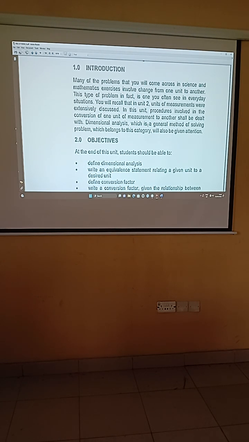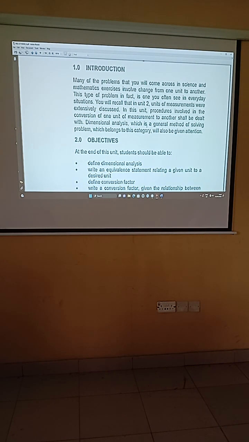Introduction. Many of the problems that you will come across in science and mathematics exercises involve change from one unit to another. This type of problem, in fact, is one you often see in everyday situations. You will recall that in Unit 2, units of measurements were extensively discussed.